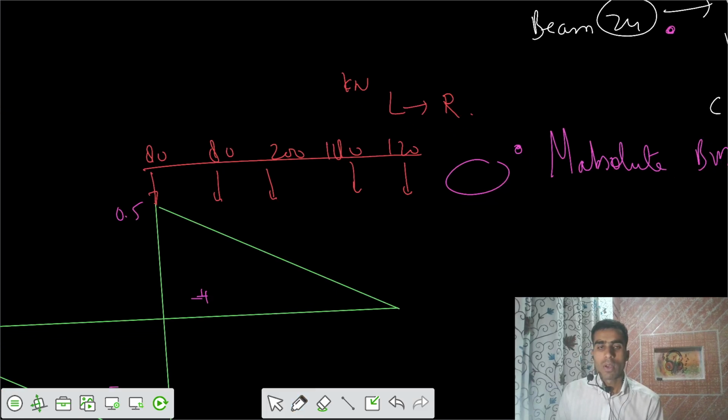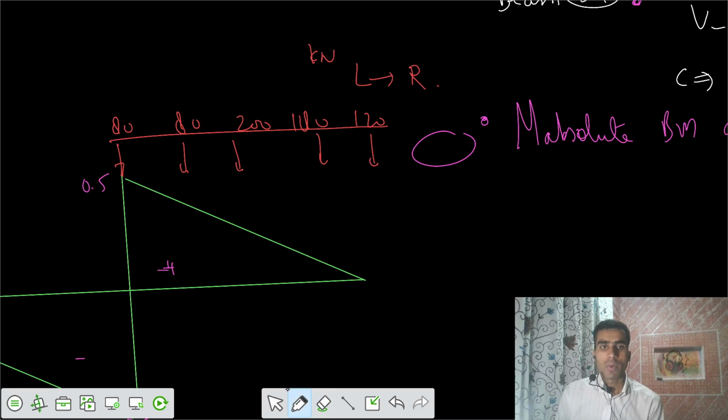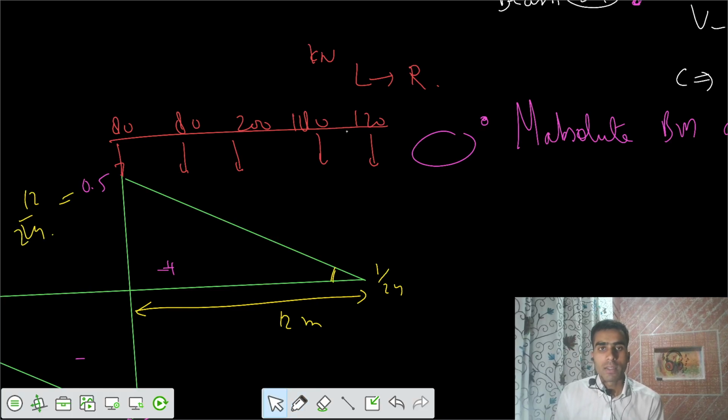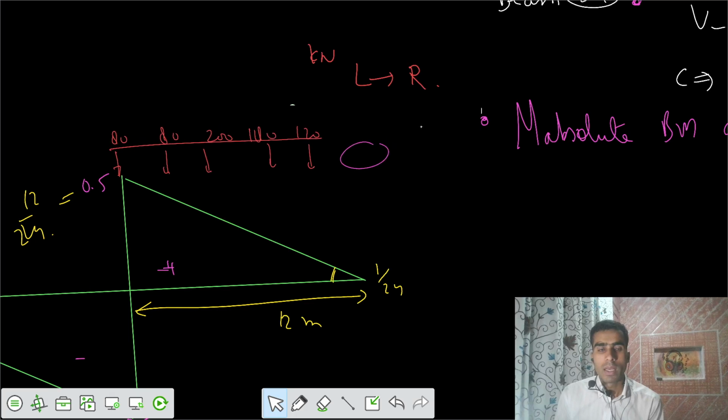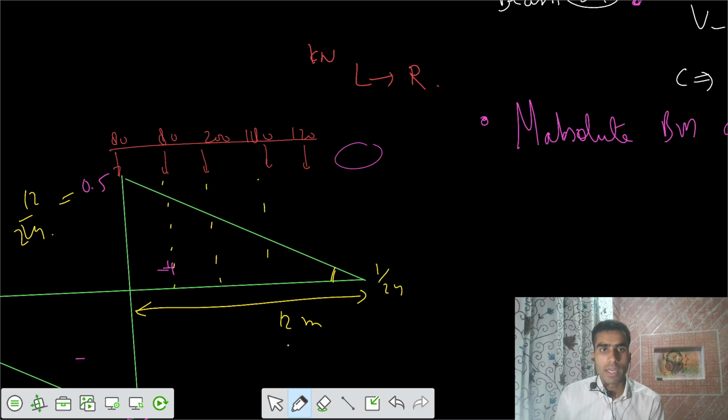Now if this was a length of 12 meter, this is length of 12 meter, and theta here is 1 by 24. This is ordinate of 0.5, that's 12 by 24. And I have to adjust to these. I have to compress it a little bit. So what is the ordinate here?